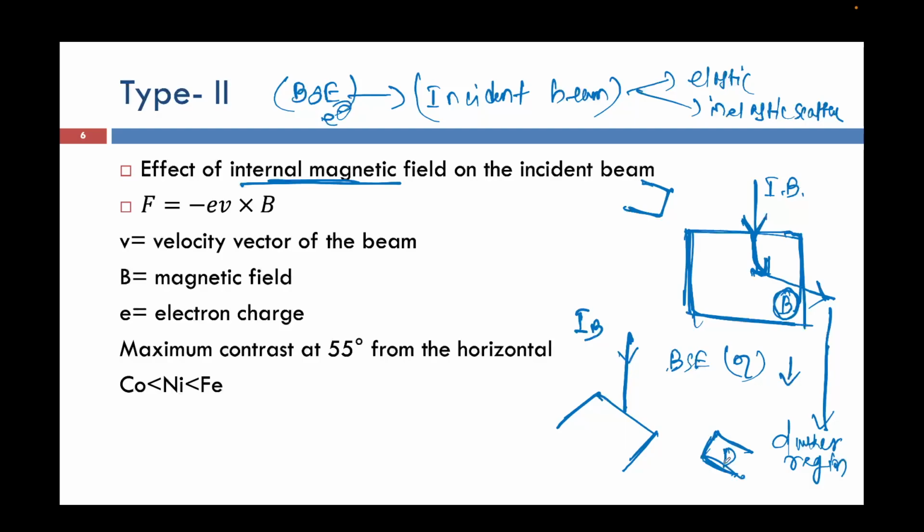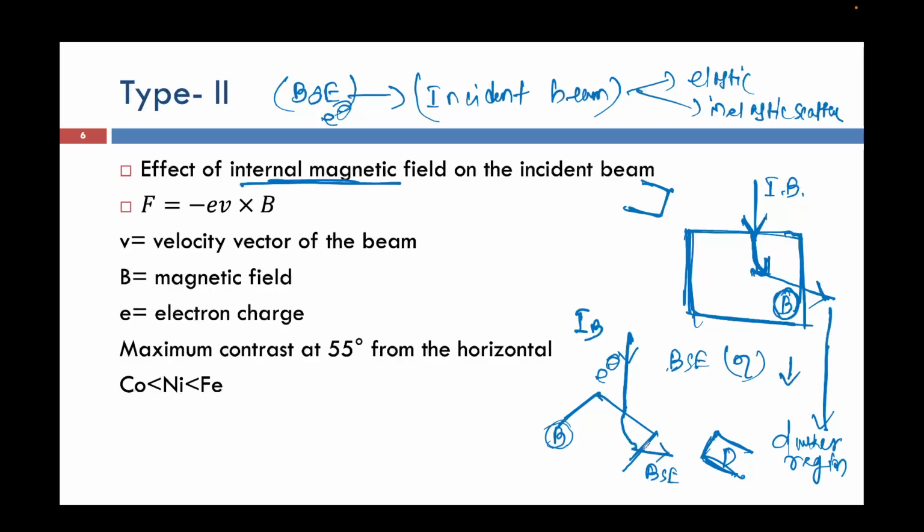So this is my incident beam, right? Electrons are negatively charged, but the internal magnetic field of my material is applying force on this beam in such a way that it is not able to penetrate deeper into my specimen and immediately comes out as backscattered electrons.